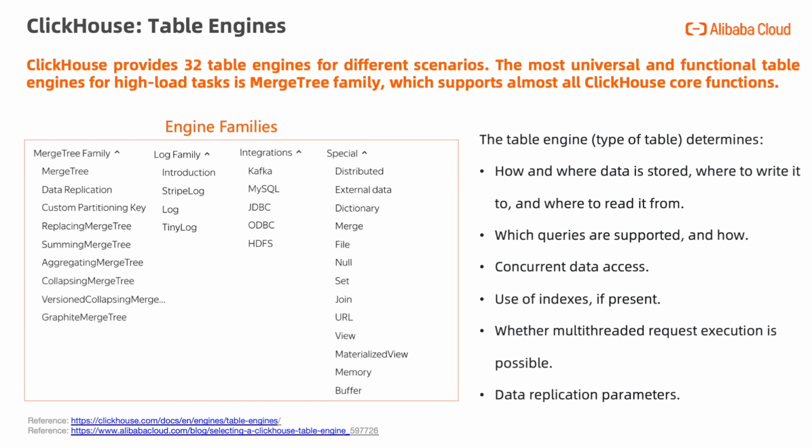Also, you need to know that there is a replication engine called replicated and a distributed table engine called distributed, which could be merged with the log or merge tree family. New users may feel very confused because of all of the choices, so we're going to dive deep into each.